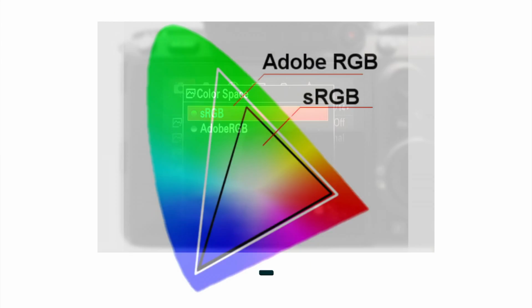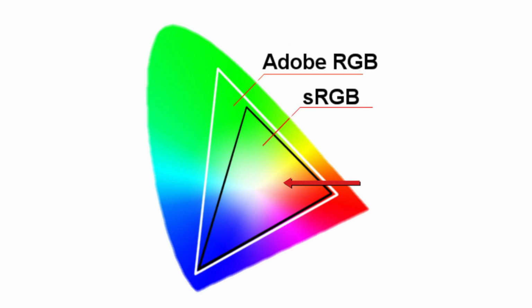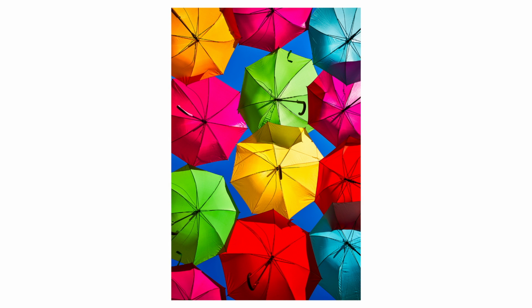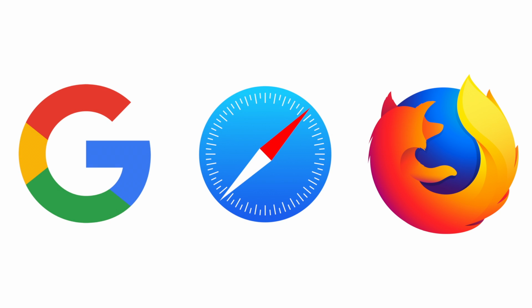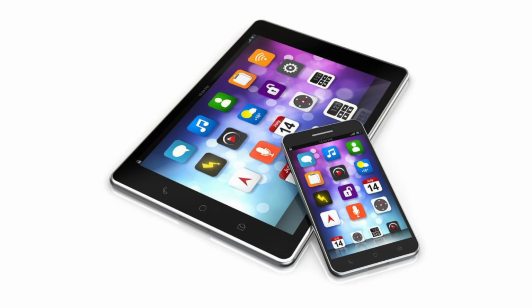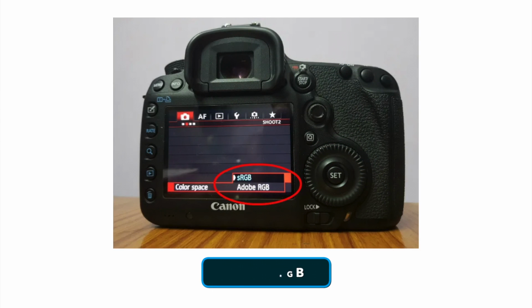sRGB. The sRGB color space is a smaller range of displayable colors than Adobe RGB or ProPhoto RGB. Although it has a smaller range of displayable colors, it is considered the standard and is the color space used by browsers across the web, for many monitors as well, and other types of displays including mobile phones and tablets. Next is Adobe RGB.